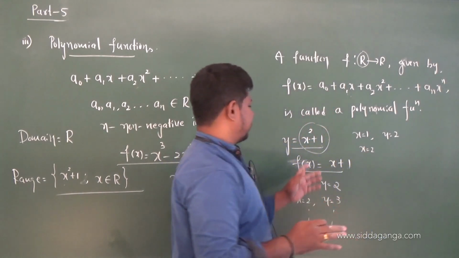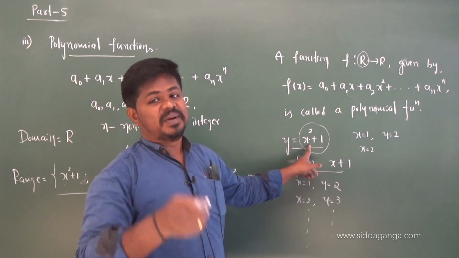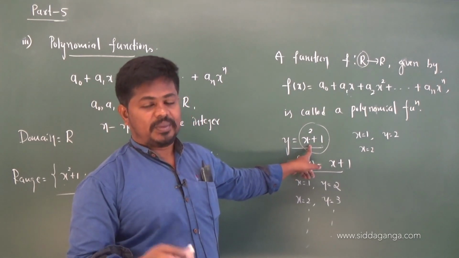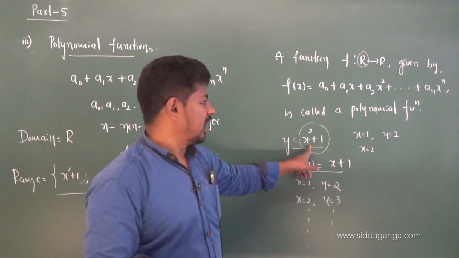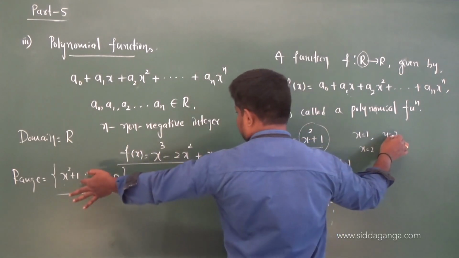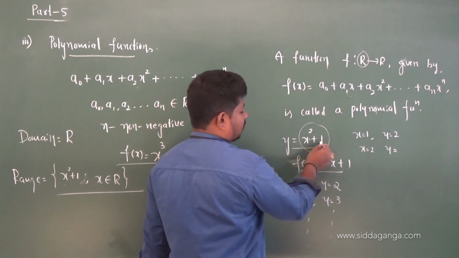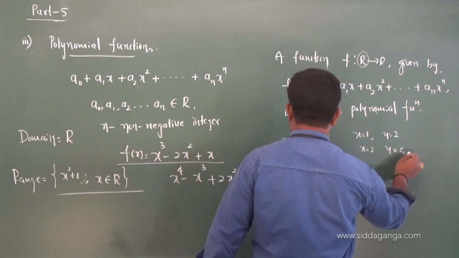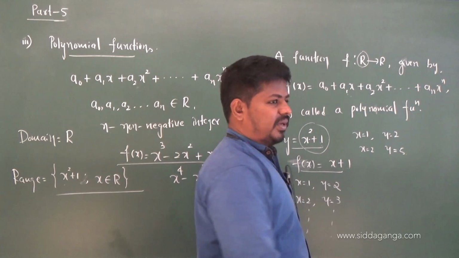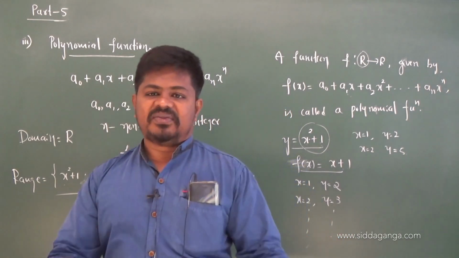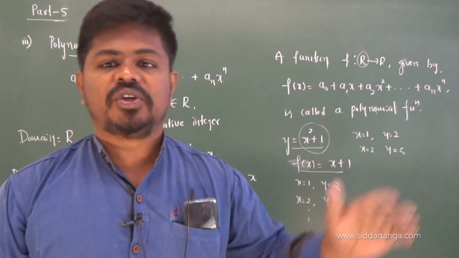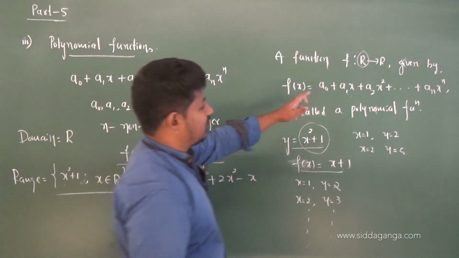I'm taking just an example, because 1 is not the first element in the set of all real numbers. 2 is an element of this set. When x is 2, y becomes 2 square plus 1. So, 4 plus 1, 5. So, 5 is also an element of this, like this. You get plenty of range values corresponding to the domain values because we have infinitely many domain values.